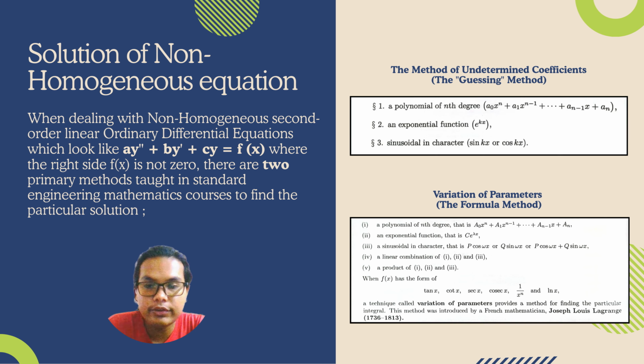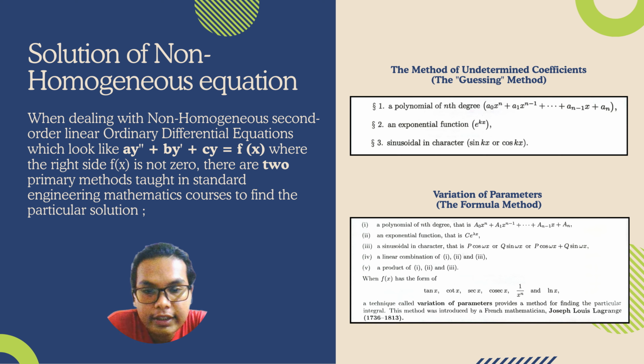We only need to use it when the equation has these conditions: the first condition is a polynomial of nth degree, the second is an exponential function, the third is a sinusoidal in character, the fourth is a linear combination of the first three conditions, and the fifth one is a product of the first three conditions.